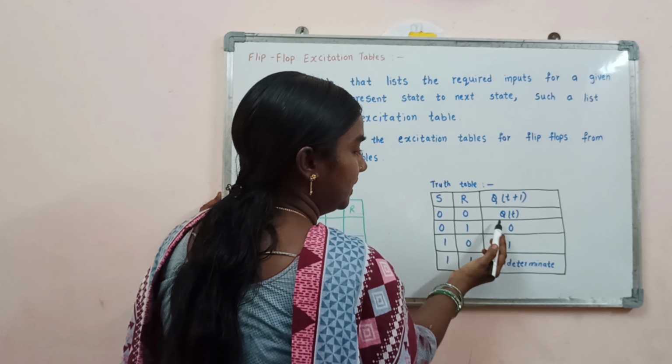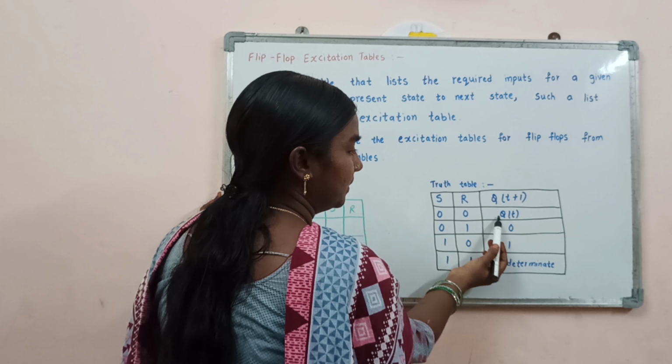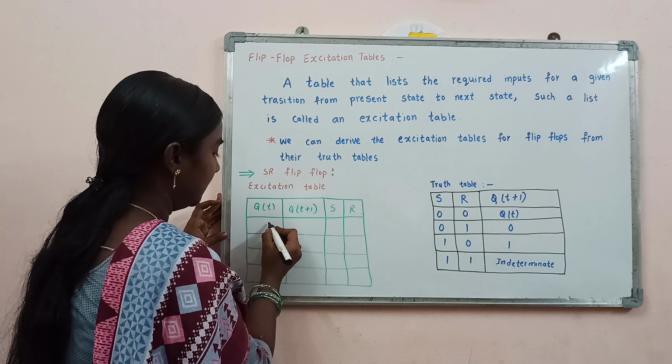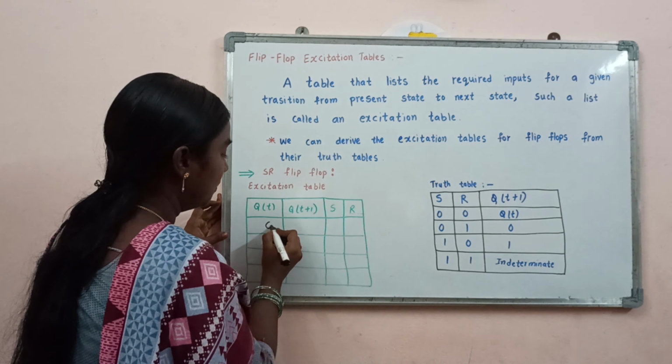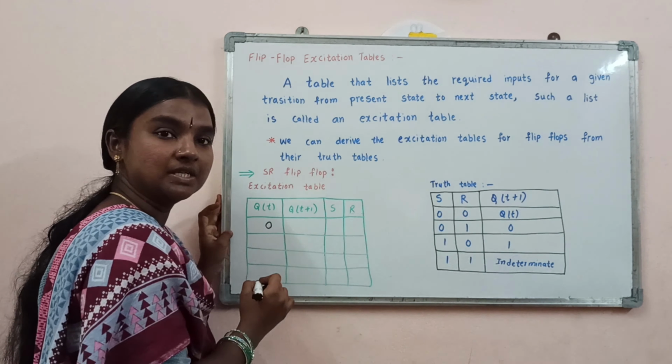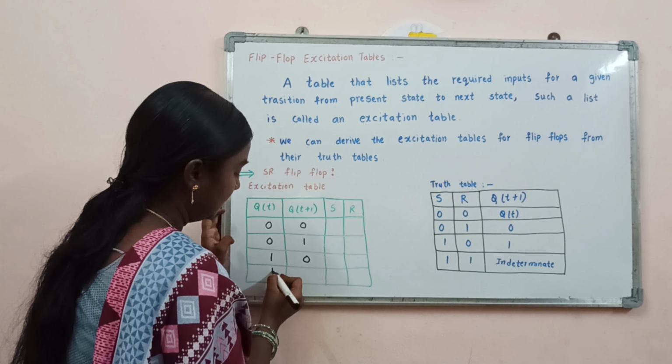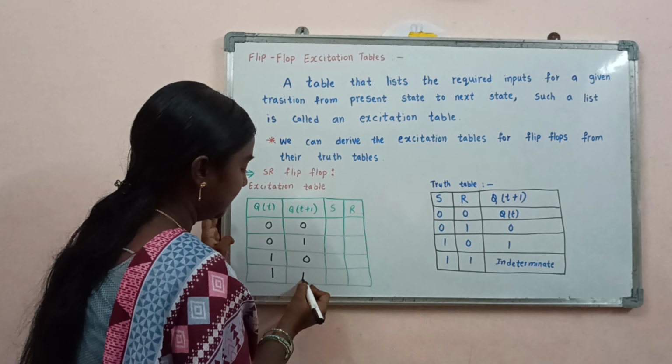In this table, Q of t indicates the present state before giving the clock pulse. Coming to this excitation table, we have 4 transitions: 0 to 0 transition, 0 to 1 transition, 1 to 0 transition, 1 to 1 transition.